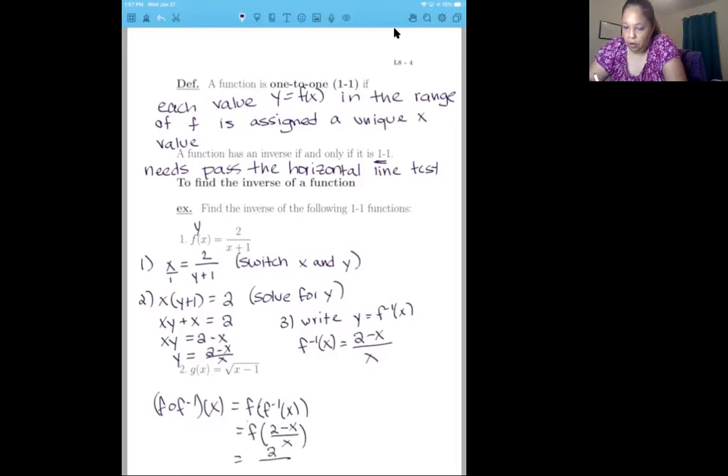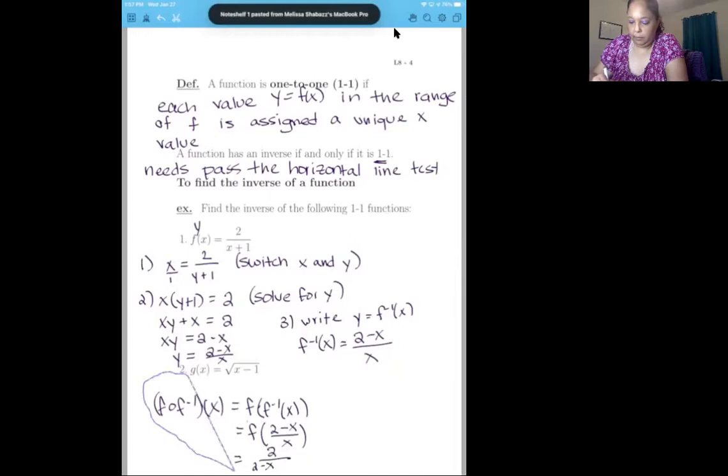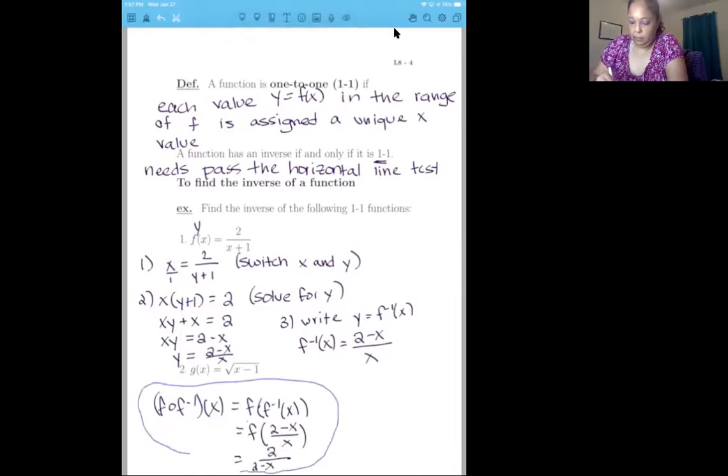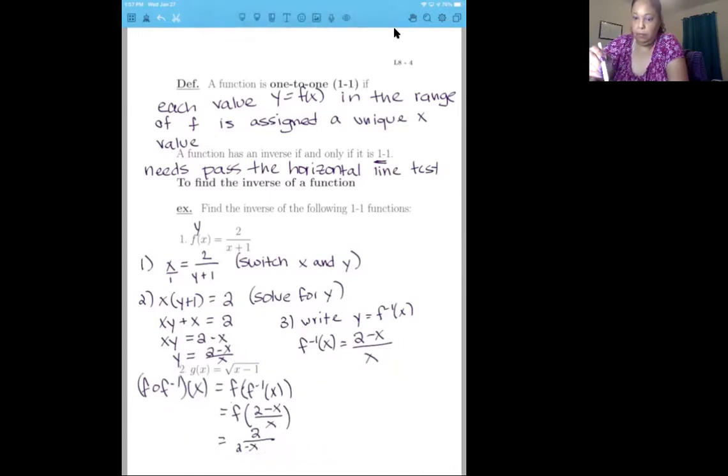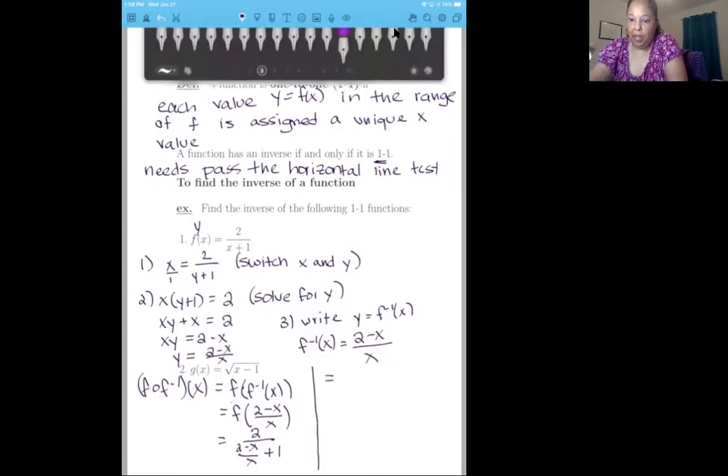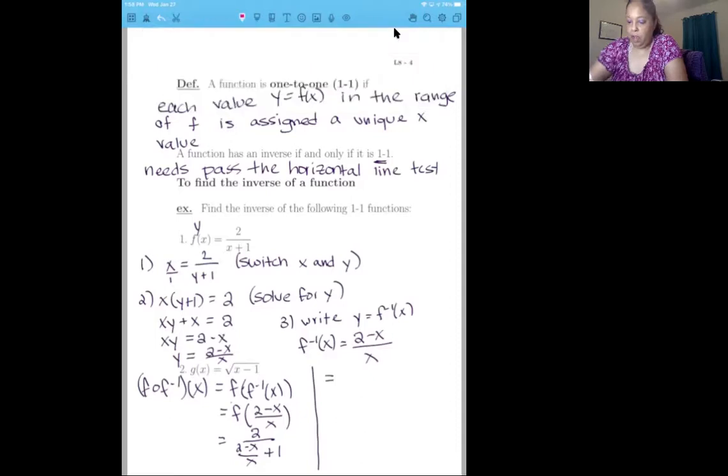So 2 over 2 minus x over x plus 1. All right, we don't want fractions within fractions, right? So I'm going to multiply both the numerator and the denominator by the common denominator in the denominator, which is x.